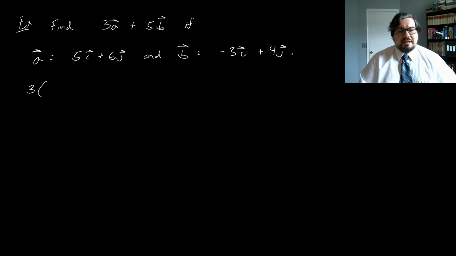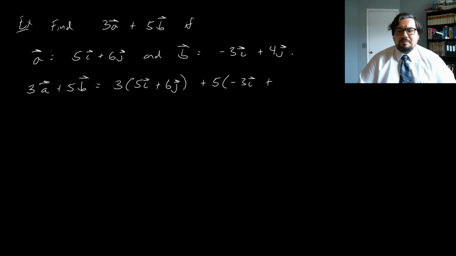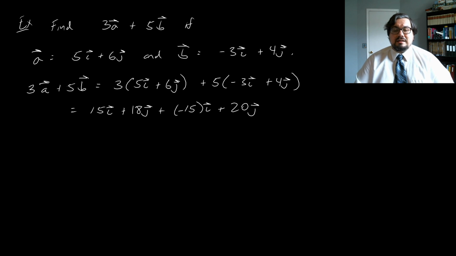So we'll take 3 times a plus 5 times b, and that's 3 times the vector 5i plus 6j plus 5 times negative 3i plus 4j, which gives us 15i plus 18j plus negative 15i plus 20j after distributing the constants on the outside through.